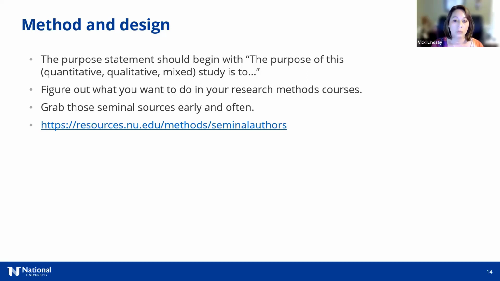So even though you might be completely married to one method, it's always best to turn the other way just in case you find the other method may not work well with your research question. As well, I also say to grab those seminal sources early and often. The School of Education made this great resource that's on that page right there, that's seminal authors.